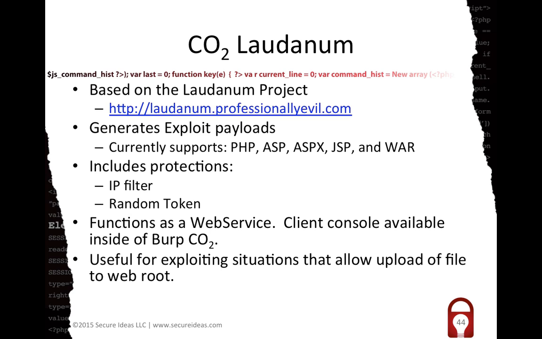So what we do is we actually include an IP filter, and in the original Laudanum, there's a username password for any of the shell scripts or shell exploits that you put out there, but I've switched that out inside of the CO2 version of Laudanum for just a random token. So it's just a really long random token.